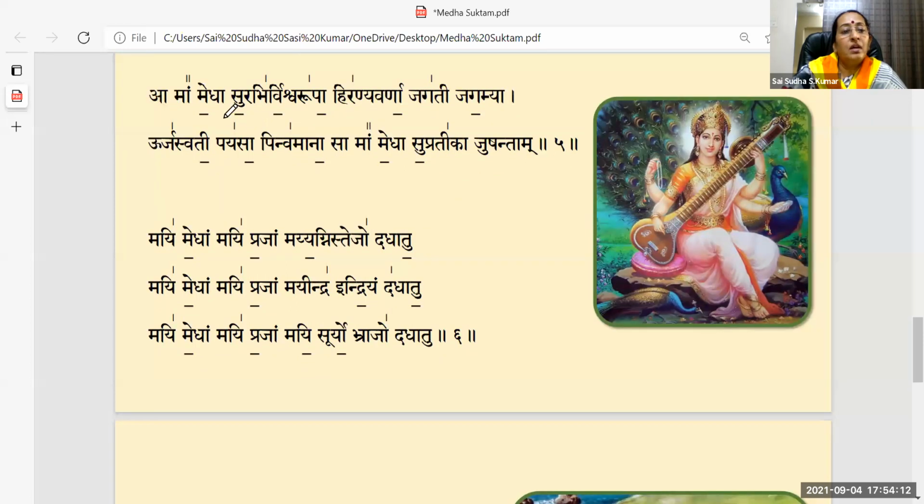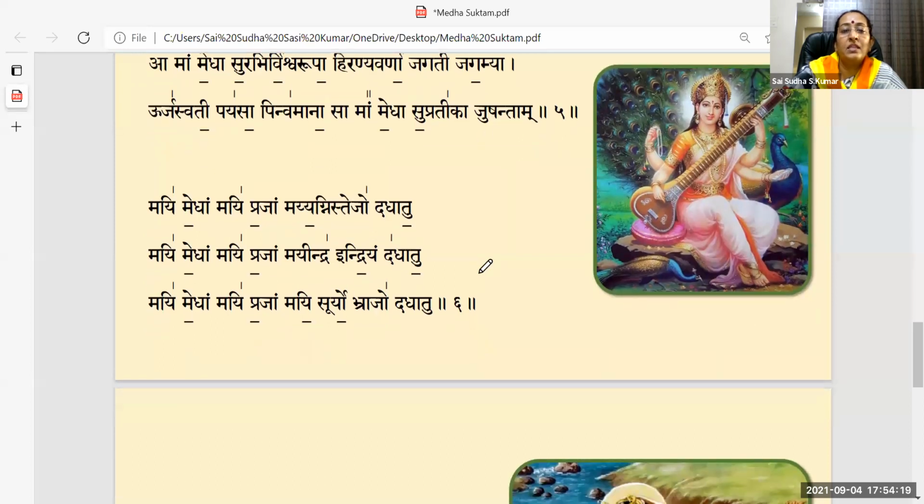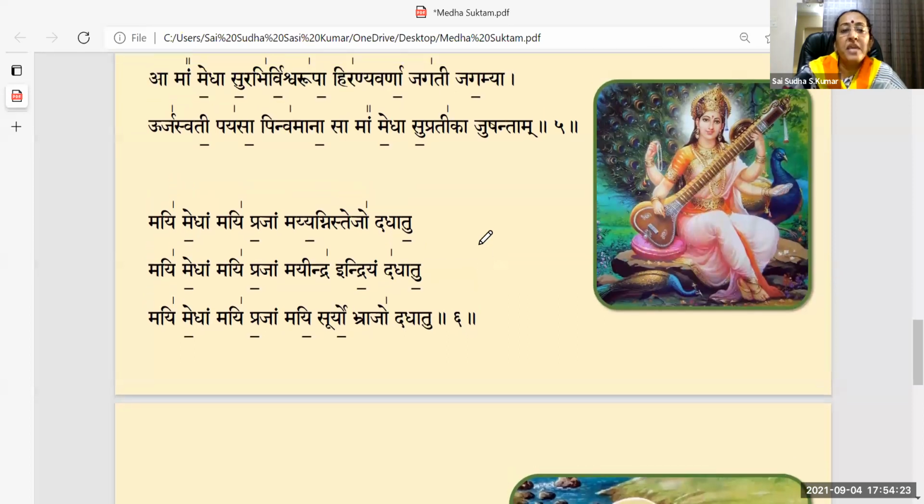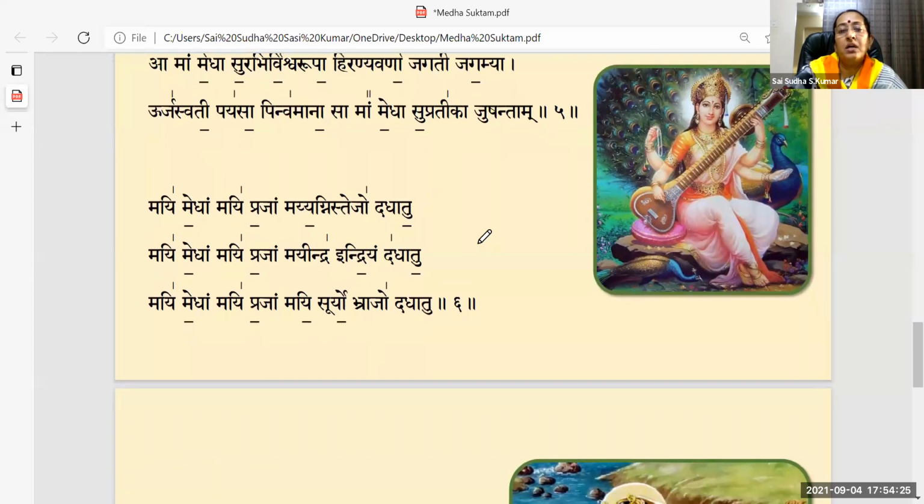Here again Medha we have to remember, otherwise no complicated words are there. Jagamya, Mya. When ya comes with any akshara, the sound has to come properly. It has to be heard as Jagamya, that sound has to be heard.